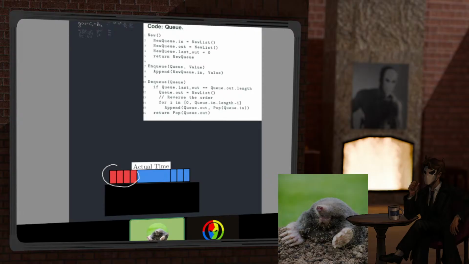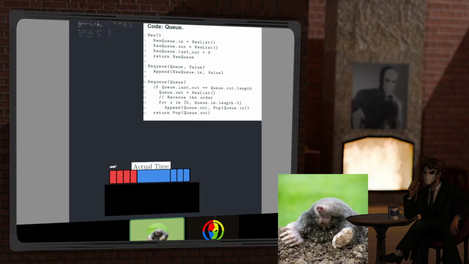In red, we input values, and in blue, we output values. The width of one rectangle is one operation. So for example, this is one enqueue, this is one enqueue, this is one enqueue, and this is one dequeue, this is one dequeue, this is one dequeue. The width represents the time each one takes.